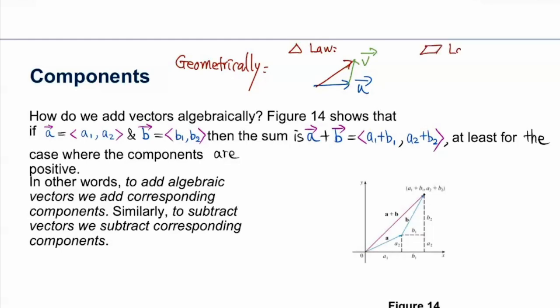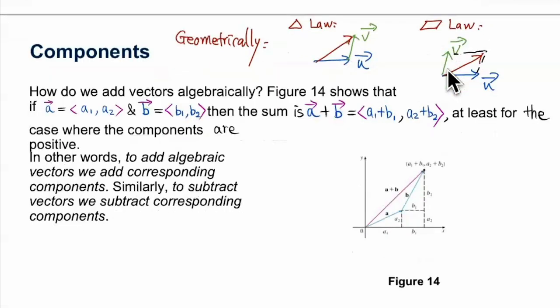The parallelogram law. You go this way, this is u, and then this is v, and then you get a parallelogram, and this diagonal over here is u plus v. So that is how you add the 2 vectors geometrically, using one of these 2 laws.